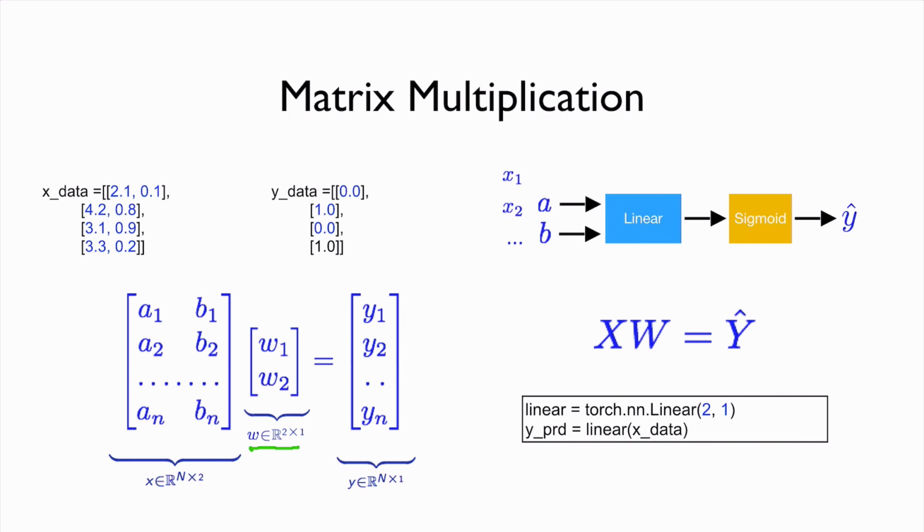So when we define our linear, we can say 2 by 1. Also, our x input has 2 and our y output has only one, so this takes 2 as an input and produces 1 as an output. You can design our linear model like this.